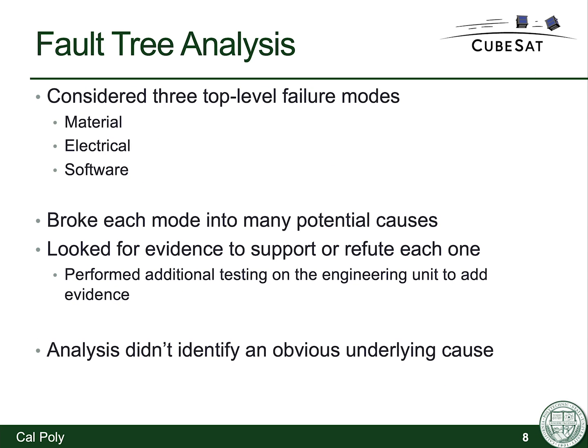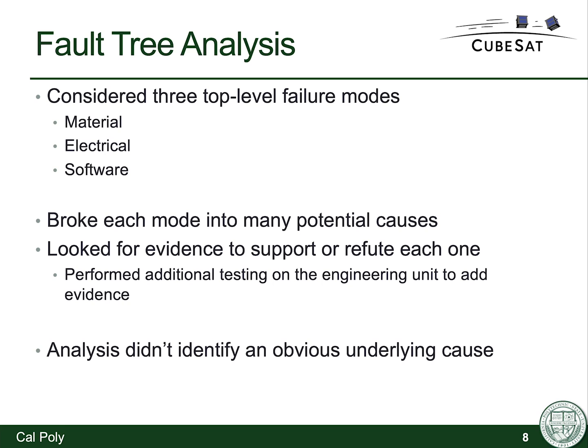So to help us understand the anomaly, we went through a fault tree analysis process. We had 3 top-level modes that we considered. Failure modes related to material failures, modes related to electrical failures, modes related to software failures.